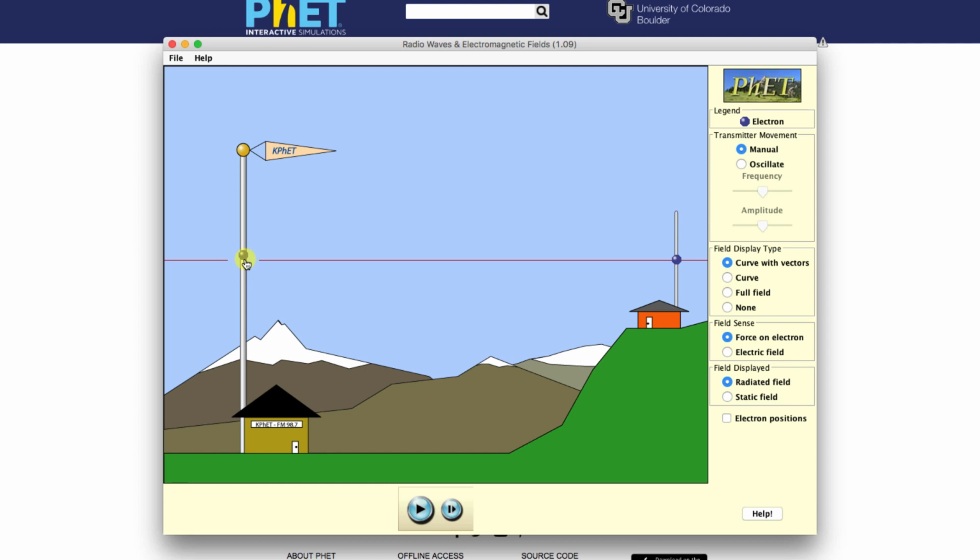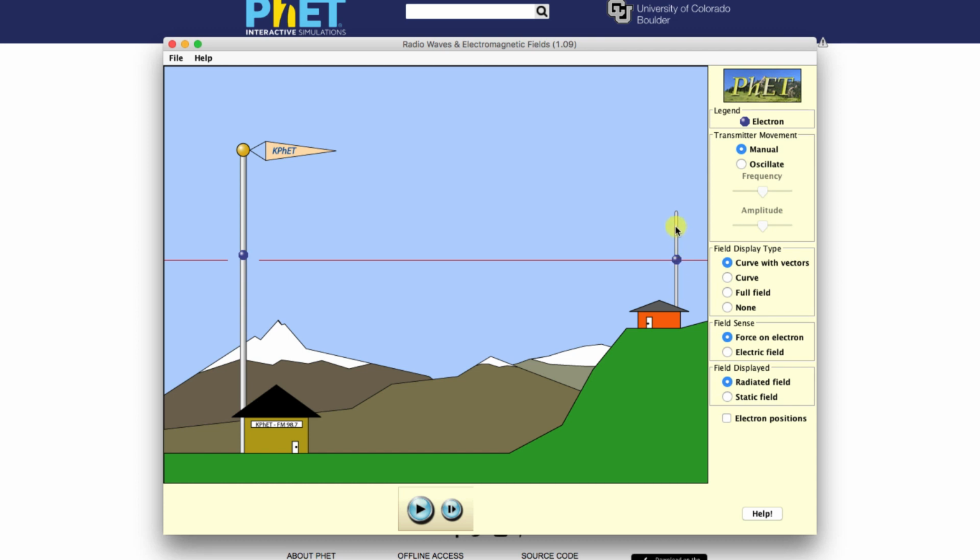It turns out that if you take a charged particle like an electron and you make it vibrate, it gives off light, in this case radio waves, depending on the frequency of that electron. So we're going to make this electron vibrate, and we're going to see it giving off an oscillating electric field. That electric field is going to travel outward at the speed of light, and eventually it's going to encounter this electron in this antenna.